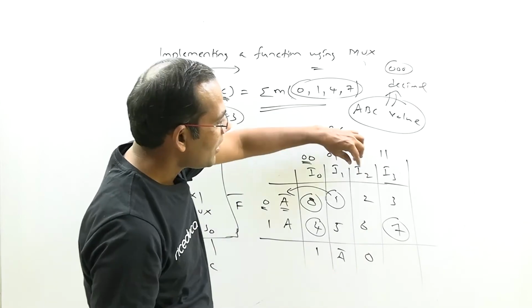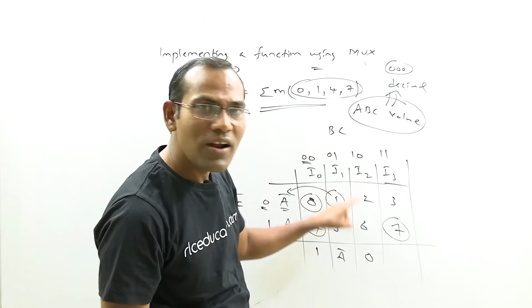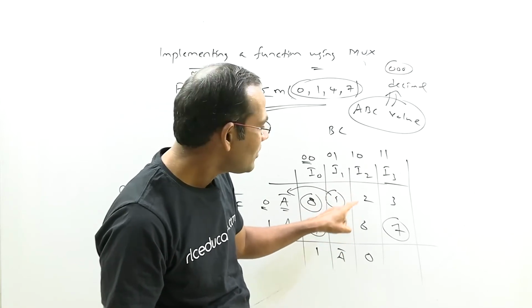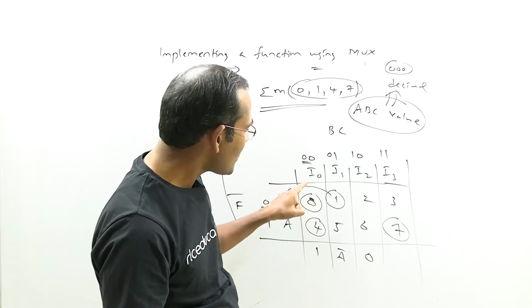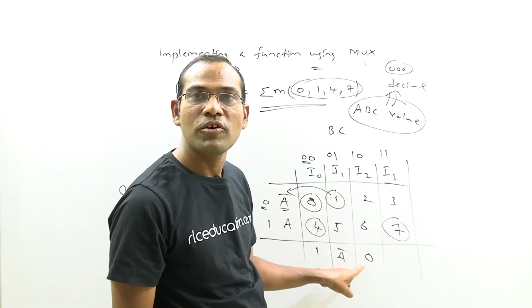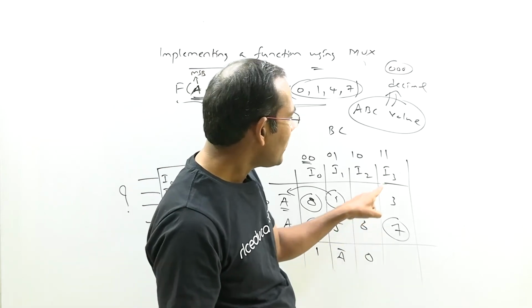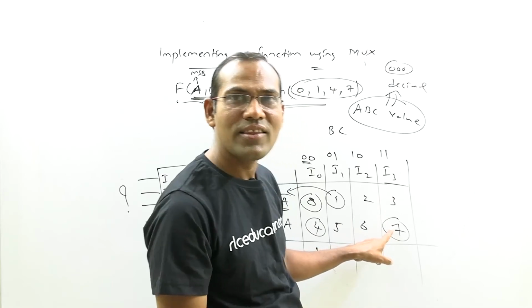If you observe, I2 is obtained from these two numbers. These two are not circled, so 0. When both are circled, 1. Both are not circled, 0. And here only one circle is there. Write the row variable.